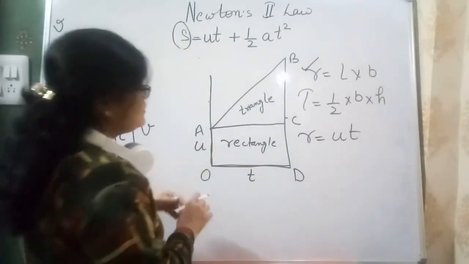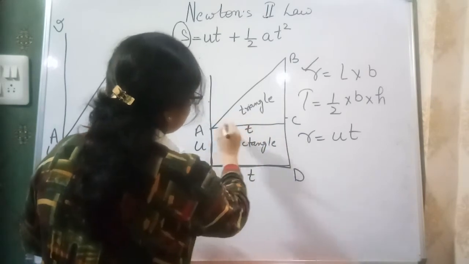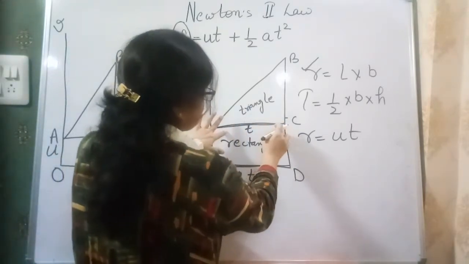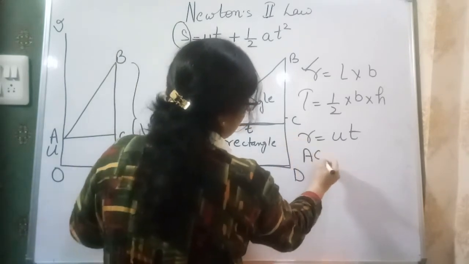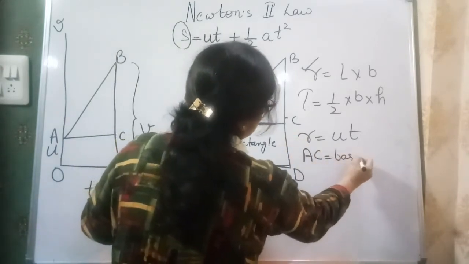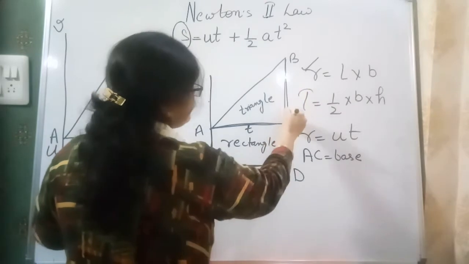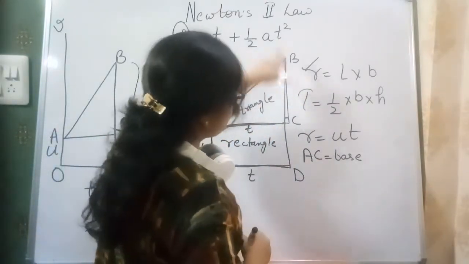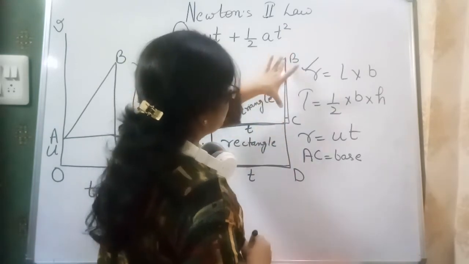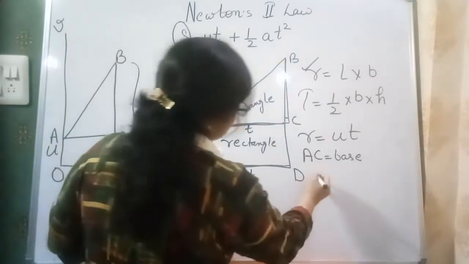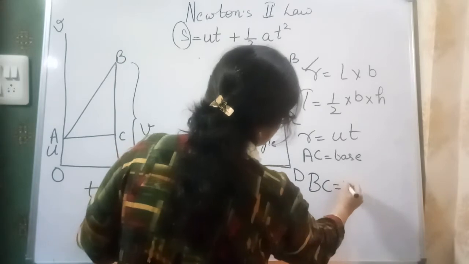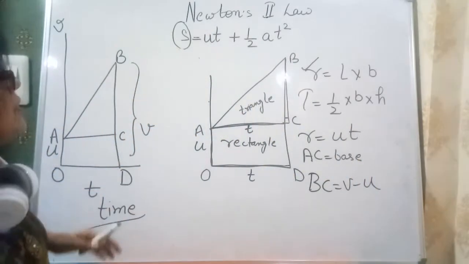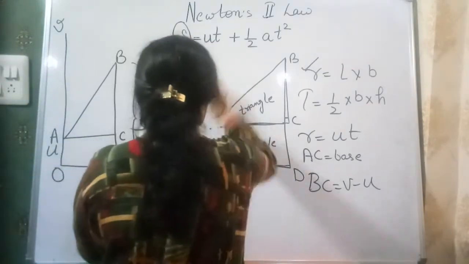This is T, then this is also T. So this is the base. AC is the base. And this line is the height. We say that this whole is V, this is U, then this is V minus U. That means BC is equal to V minus U. Clear?